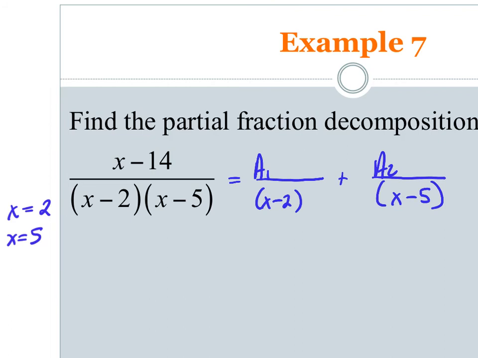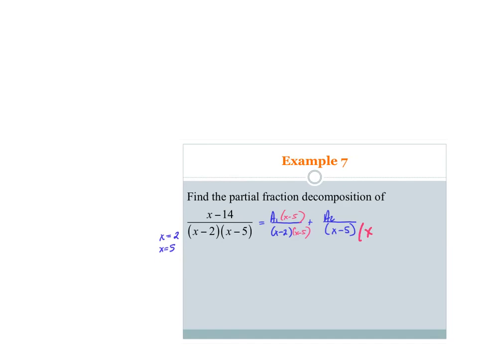If I had to combine those two denominators, which are already done for us, the x minus 2 is missing what? This first fraction, x minus 2 is missing the x minus 5. The second denominator is missing the x minus 2.